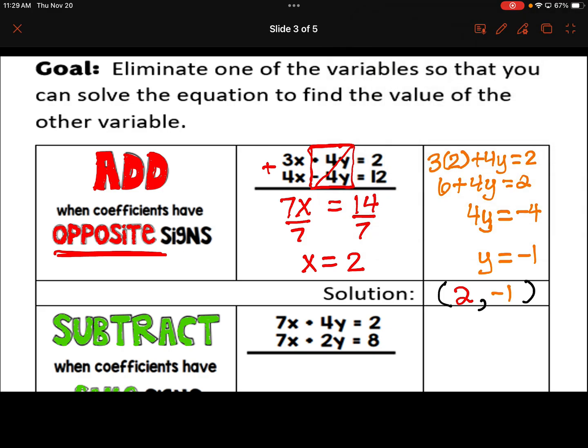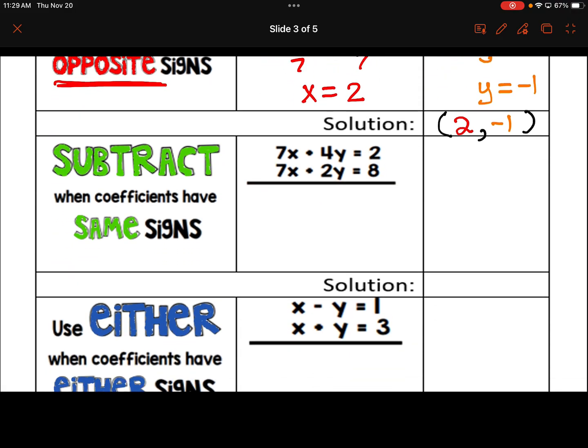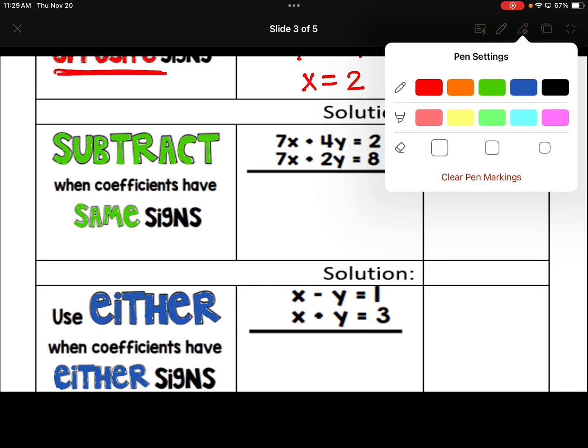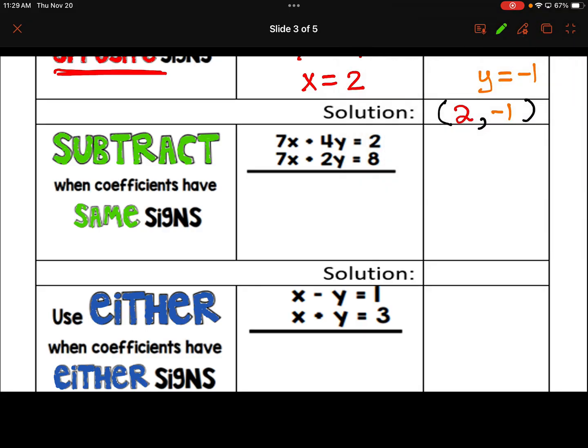All right, so that's the first scenario. The second scenario is when one of my variables has coefficients that are exactly the same. If they're exactly the same, then I'm not going to add them together. I'm going to subtract. Now, here is where I want you to not just put a subtraction sign out in front.